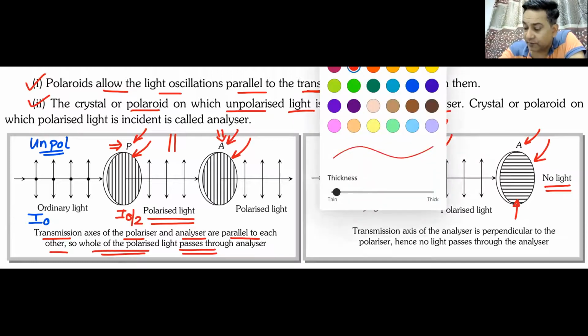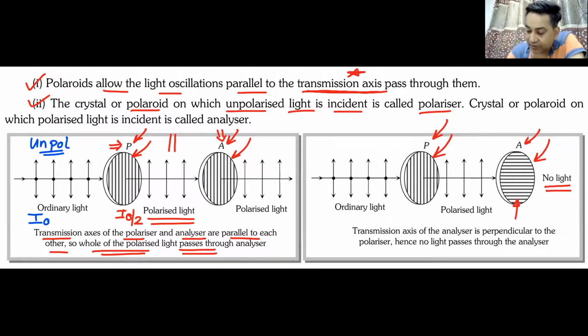So the green light, which is the light coming out of this analyzer, will also have intensity I naught by 2, the same as the intensity of light coming from the polarizer. Do we understand this? Why is this happening? Because both the transmission axes are parallel.